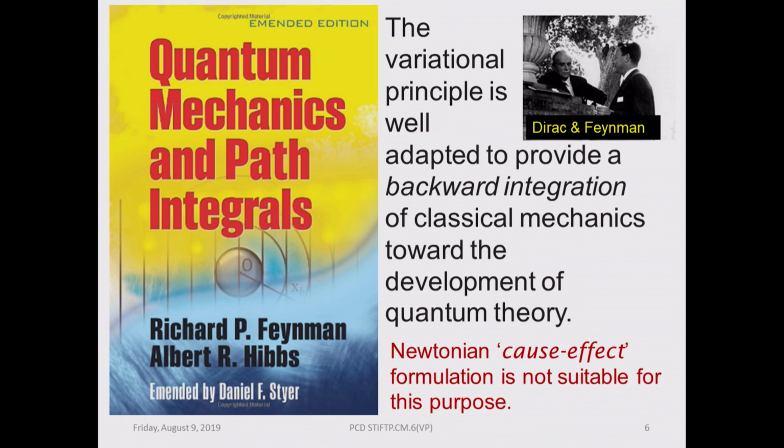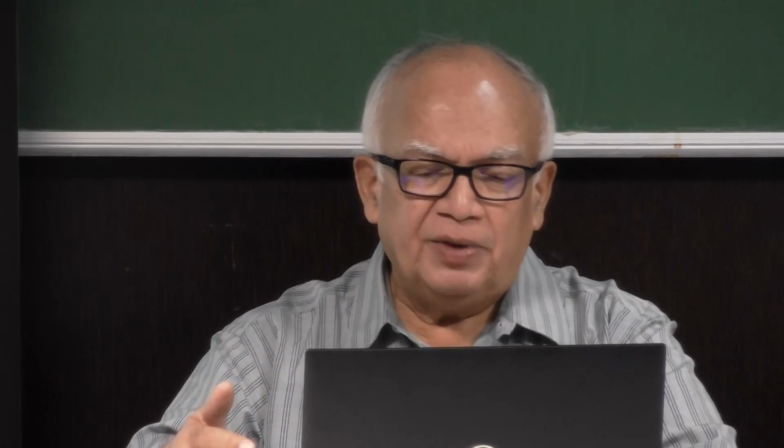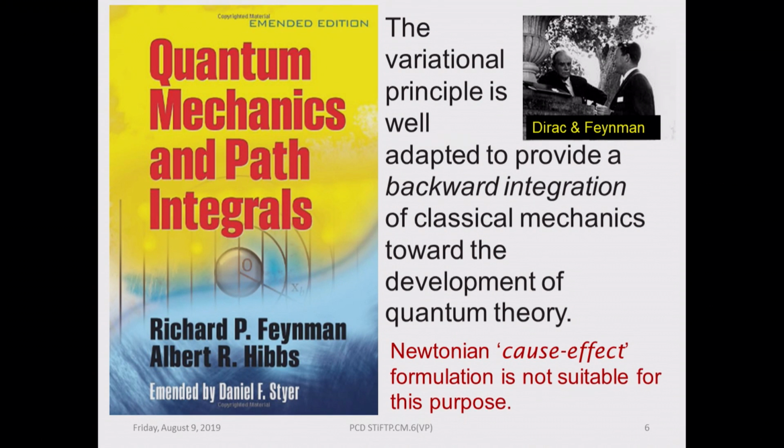And as I mentioned, the variational principle provides a backward integration of classical mechanics to develop quantum mechanics. So it's not that quantum mechanics can be derived out of the variational principle, but the variational principle, which is the path integral approach to quantum mechanics, is one way of introducing quantum mechanics. It's completely equivalent to the Schrödinger and Heisenberg formulation, but it uses a different path.